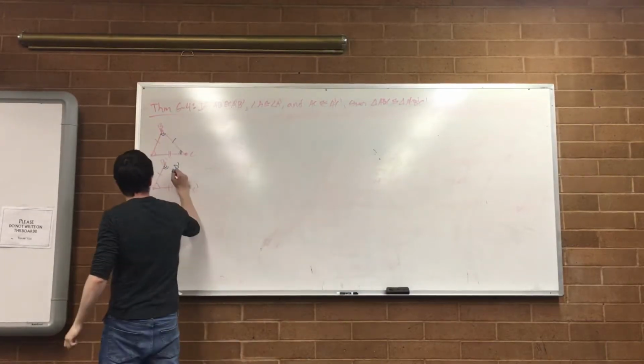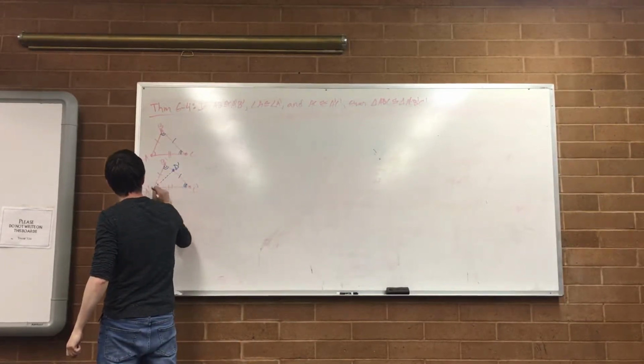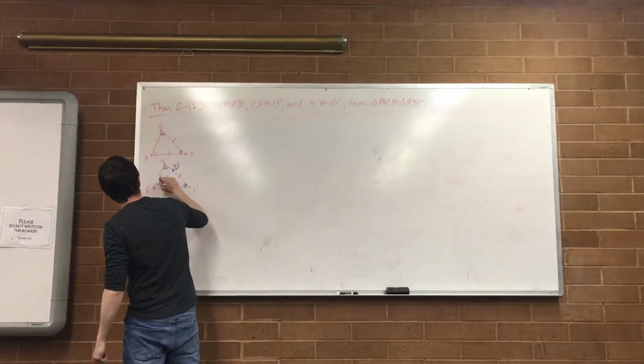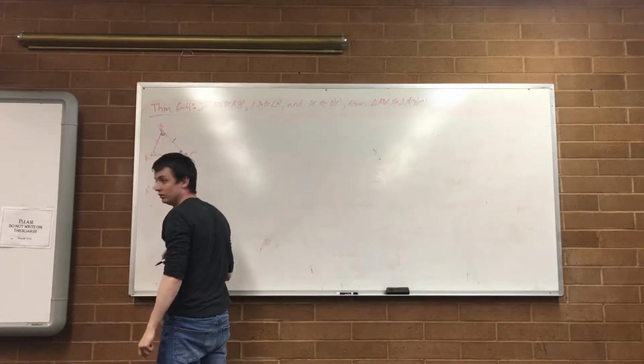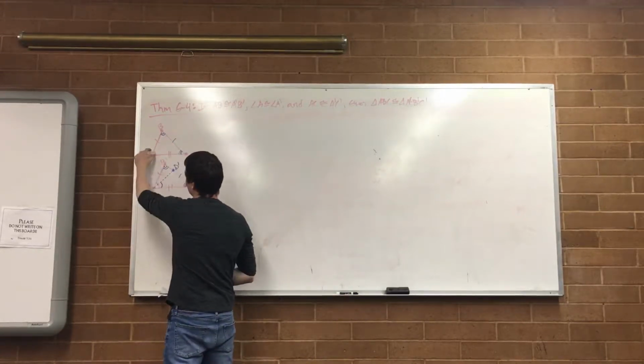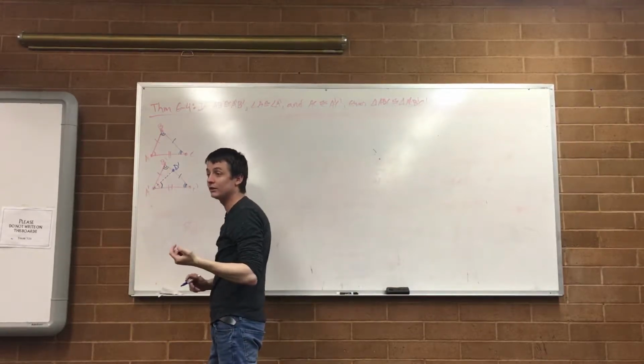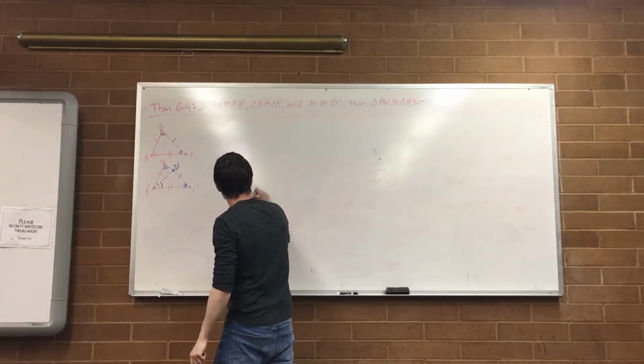I'm going to construct this angle right there. I'm going to use side angle side again to show that this angle is congruent to this angle, so that I have this angle congruent to this angle congruent to this angle. And then by my existence postulate, right at the beginning, remember when we talked about an angle?